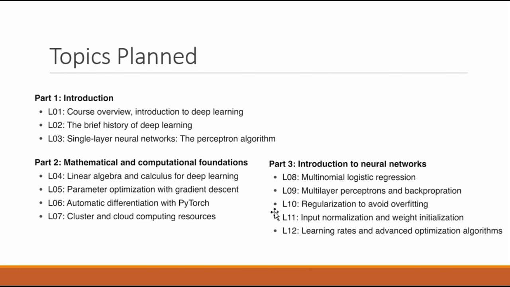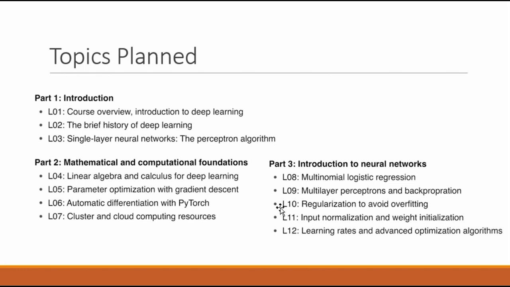Then parts 10 to 12 are more like tricks for training deep neural networks. For example, regularization techniques to avoid overfitting, normalization, and weight initialization. It's just making training neural networks more robust and faster.